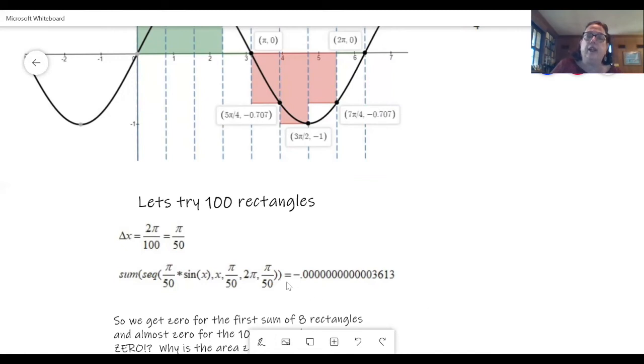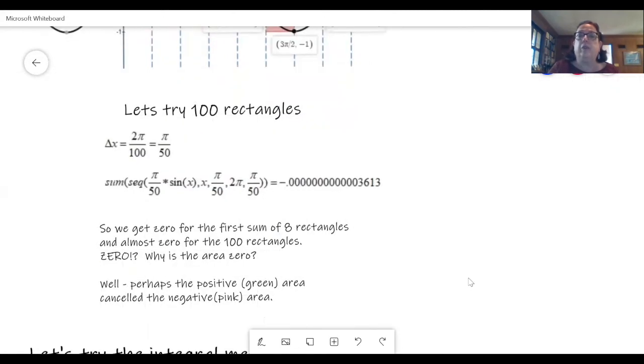You get a very, very tiny negative number, almost 0. It's worth considering this for a minute, though, because depending on how many rectangles you create, you can introduce a little bit of error, and this one introduced a teeny tiny bit more of the negative space because of the way the rectangle areas were measured. So we're getting 0 over and over.